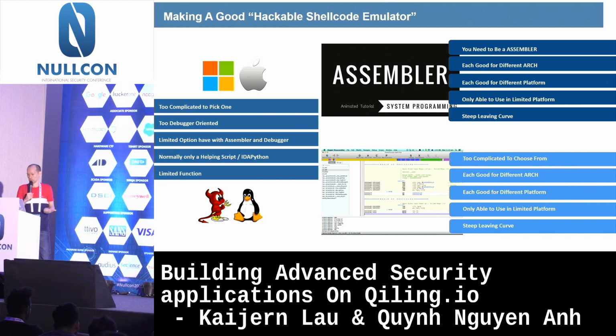So that's one issue. We need to have an assembler that supports all kinds of CPU architectures. And we found some existing emulators for shellcode, but they are complicated, don't support many kinds of CPUs or operating systems, and the functionality is quite limited.